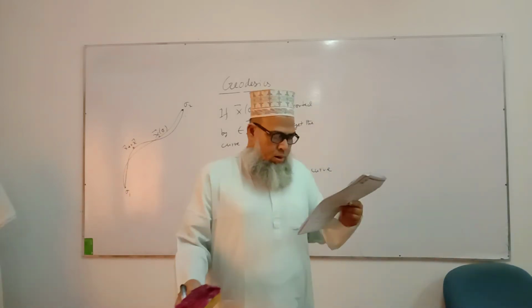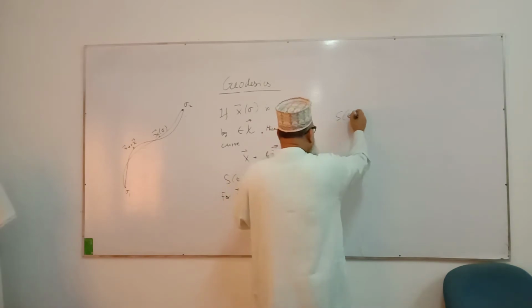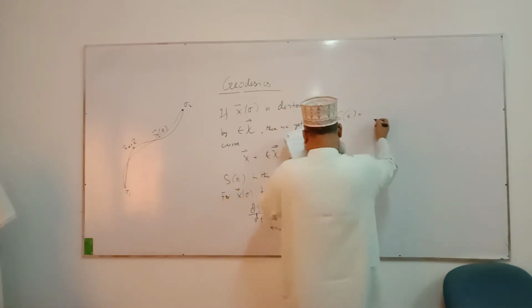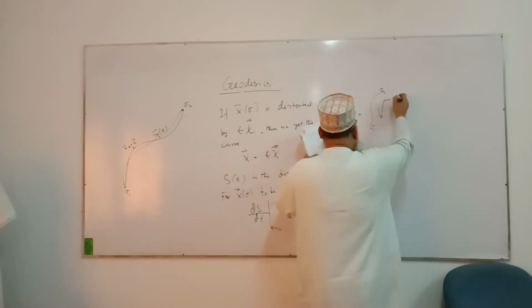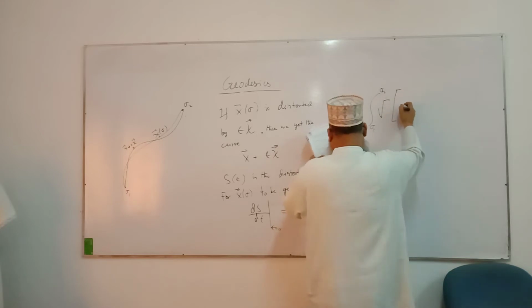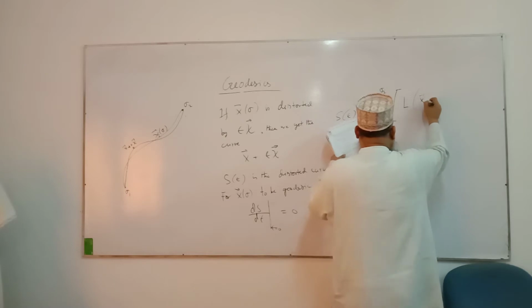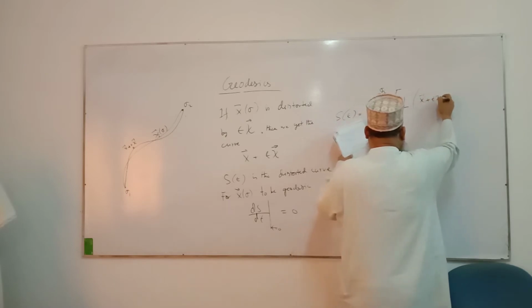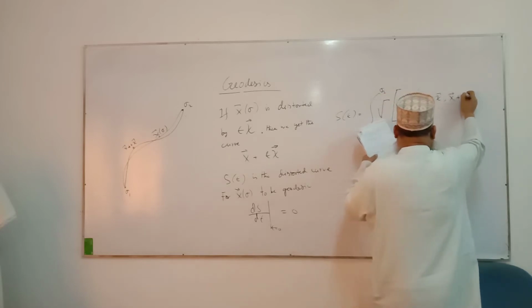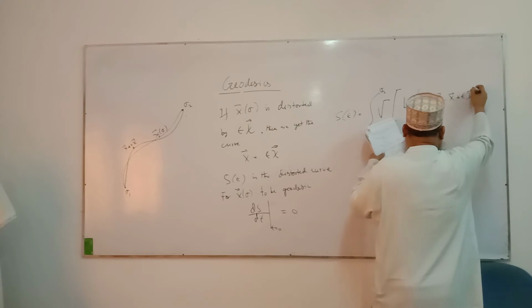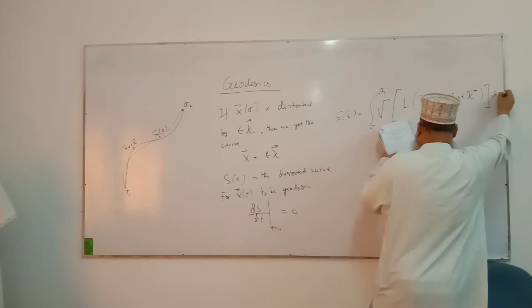First of all, S as a function of epsilon is the integration from sigma 1 to sigma 2 of the square root of L, where L is a function of x plus epsilon chi, comma, x dot plus epsilon chi dot, d sigma.